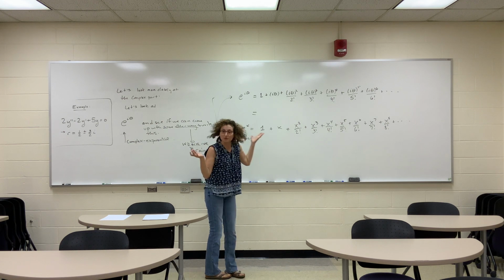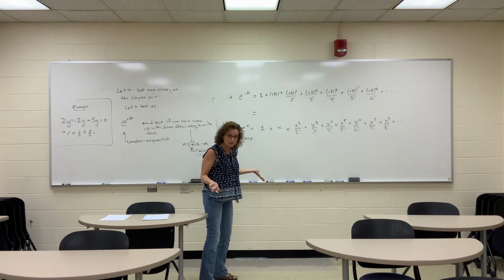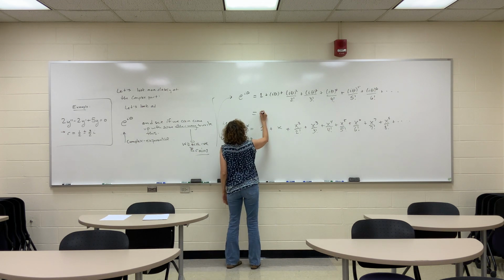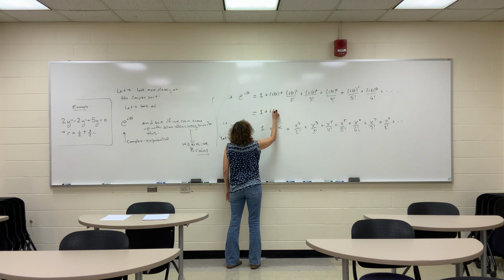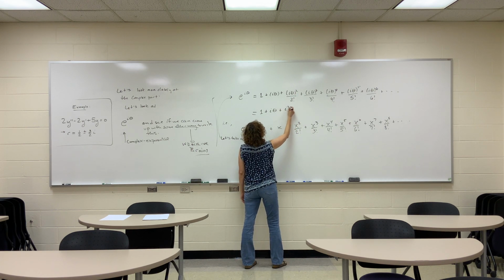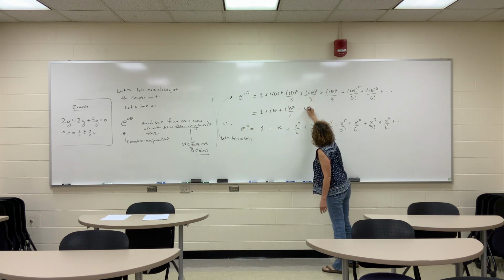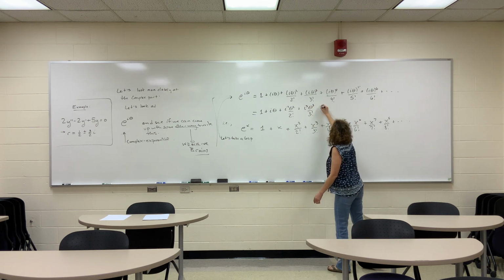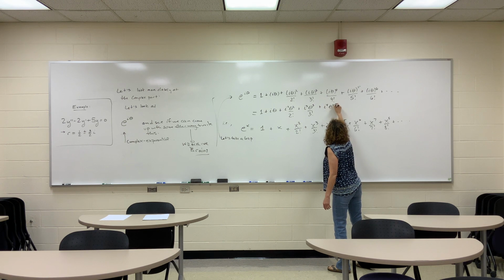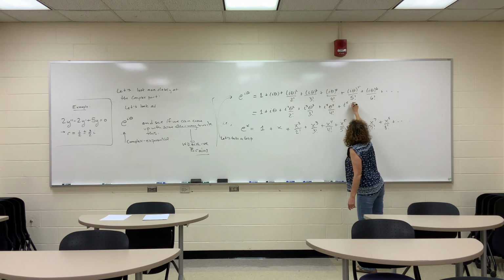Let's do some math with exponents. So we got 1 plus i times theta plus i theta squared is i squared theta squared. Plus i theta cubed is i cubed theta cubed. i to the 4th, theta to the 4th.